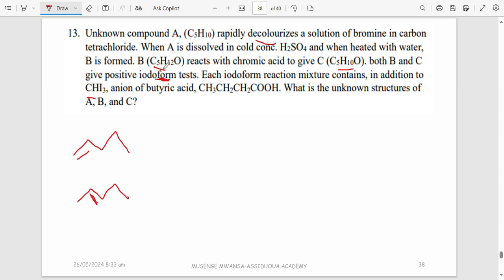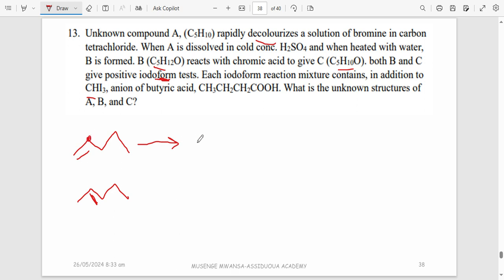But one thing we've been told is that when A is dissolved in concentrated sulfuric acid and heated with water, you form an alcohol. So if it is this one, what alcohol are we going to form? We are going to obey Markovnikov's rule. The hydrogen is going to attach to the more substituted carbon, so the OH will come and attach here.